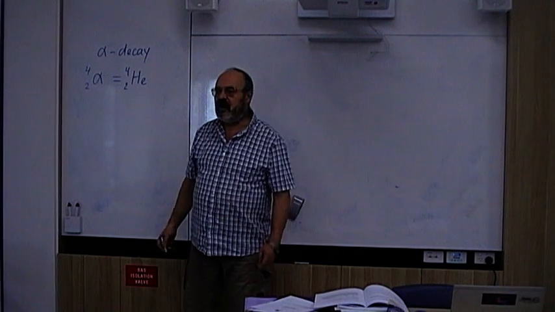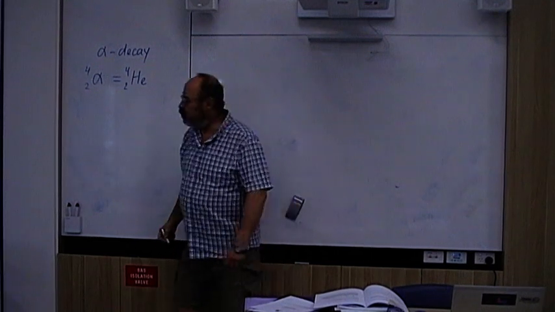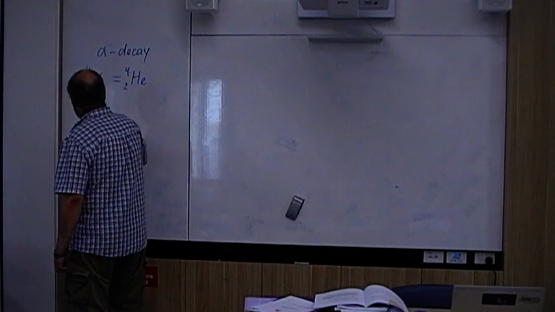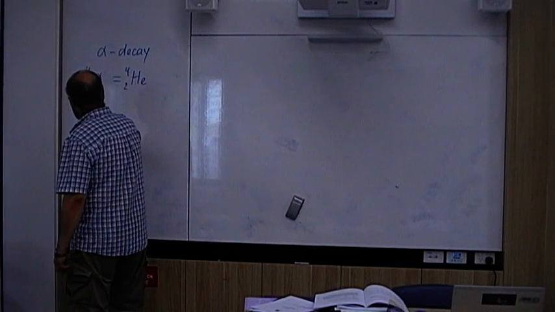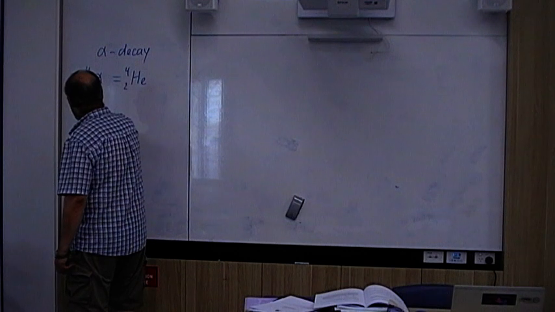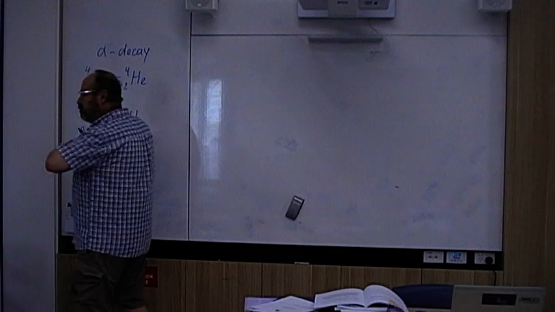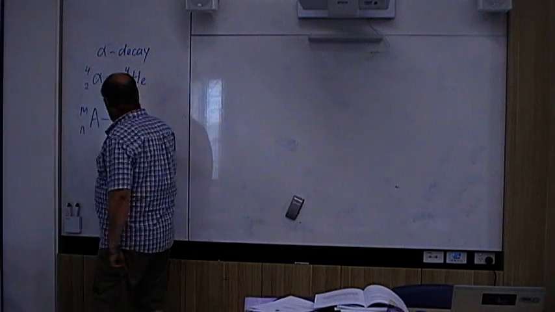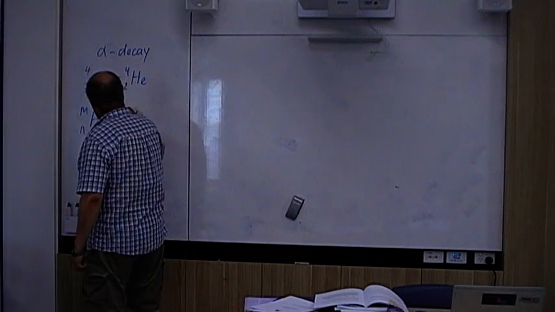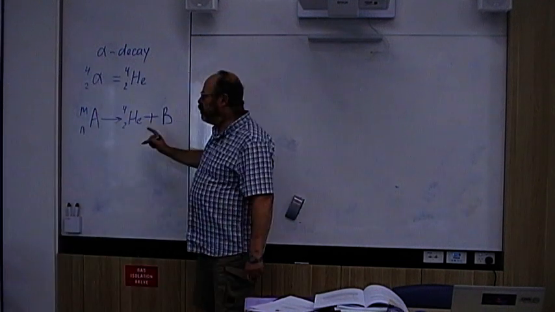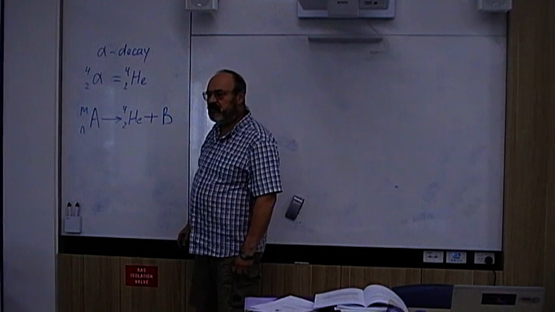And we can write a general nuclear equation. So we get element A with, let's say, N and M. And when it shoots an alpha particle out, it turns into a different element, element B. What will be the atomic number now?